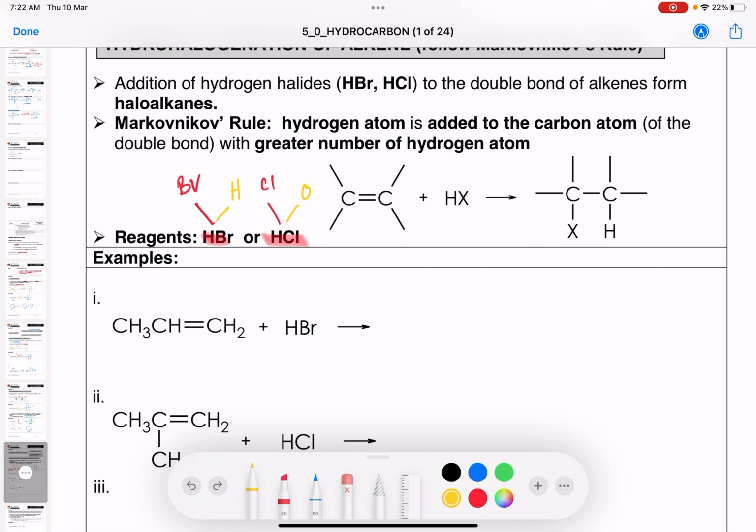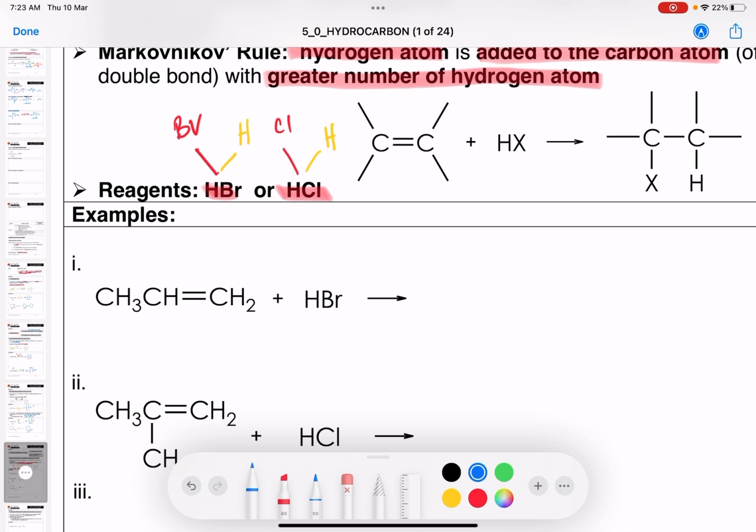So we have to follow the Markovnikov rule, which says that the hydrogen atom is added to the carbon atom with the greater number of hydrogen atoms. So I will just directly go to the example. Like this one we have H3C, CH, double bond CH2, and we have here Br, and we also have here hydrogen.